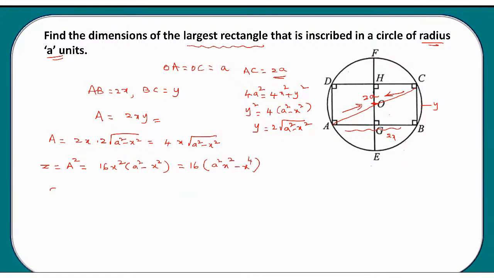So now differentiate: dz by dx is equal to 16 times a square into 2x minus 4x cubed. If you equate to 0, what do you get?